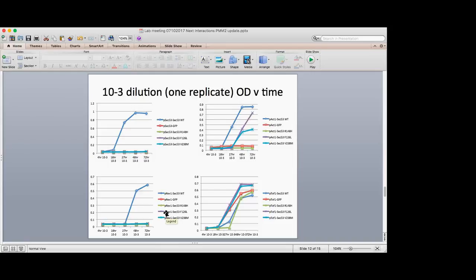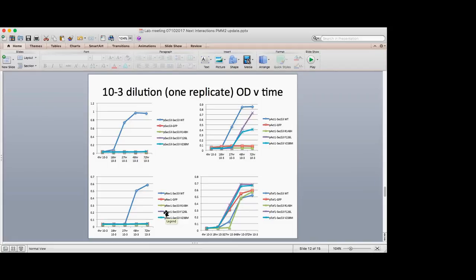If you did a time course and measured the plates every day, starting after the first day, so at 24 hours, at 48 hours, and then last at 72 hours, what would happen is that at the 48-hour time mark, both the F126L and the V238M under the actin promoter have growth of around 0.4. What that means is that there's still room for improvement.